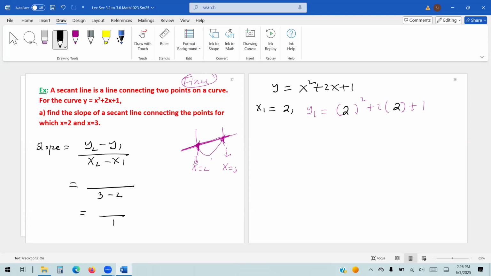Your x is 2 because they're telling us our first number is 2. So for this x, what is the y value? Substitute x with 2. So we have 2 squared plus 2 times 2 plus 1. I want to do the smaller number first, but the order doesn't matter.